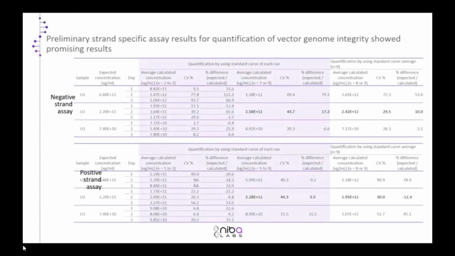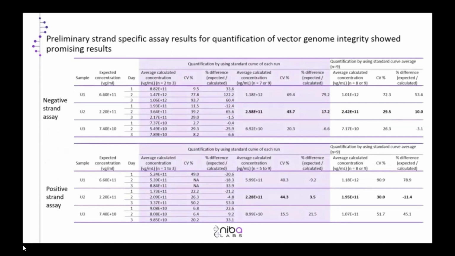Based on those standard curves that I've shown, we have also made some quantifications of unknown samples, again with some expected concentration that was calculated based on the multiplex digital PCR. And here are actually the preliminary and probably the first vector genome integrity results that were published or at least made public in terms of the BLI system.